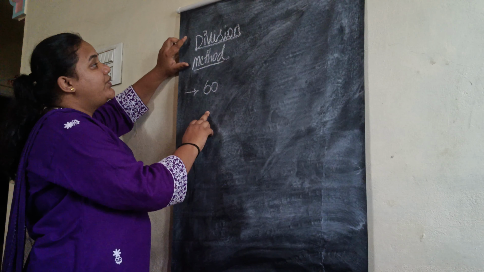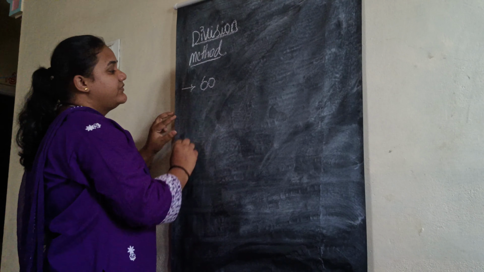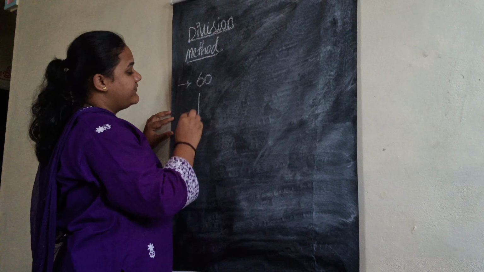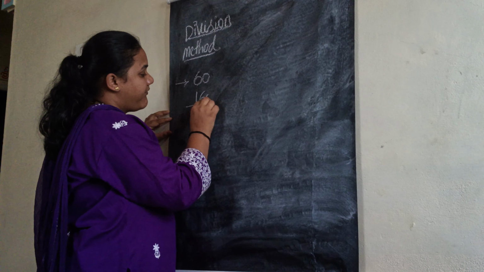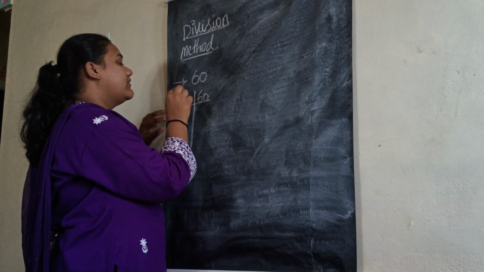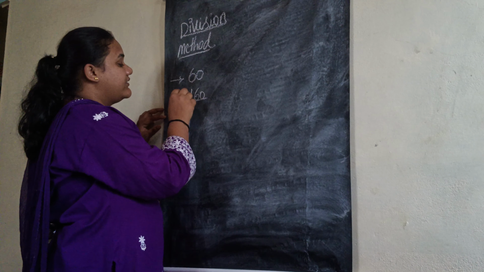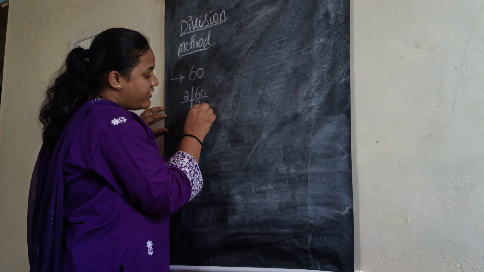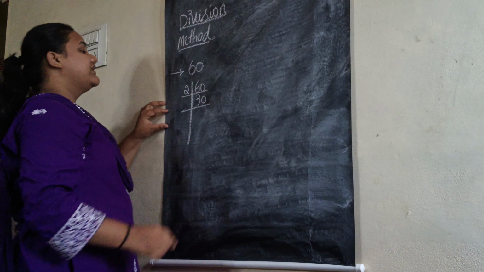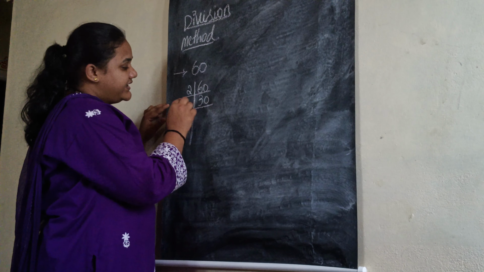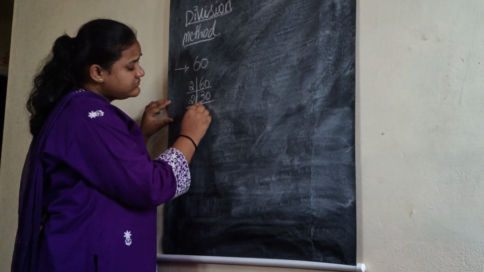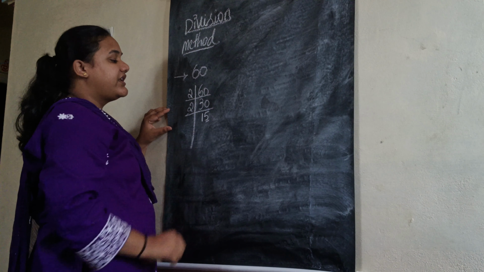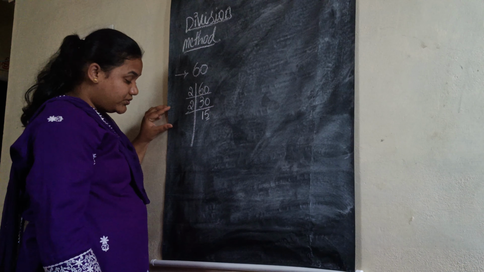Now we will discuss the division method. I have taken the same example, 60. We have to take prime factors. I am taking the first prime factor, 2. 2 into 30 is equal to 60. Next, again 2: 2 15s are 30. Now 15 is an odd number, so it will not be divisible by 2.